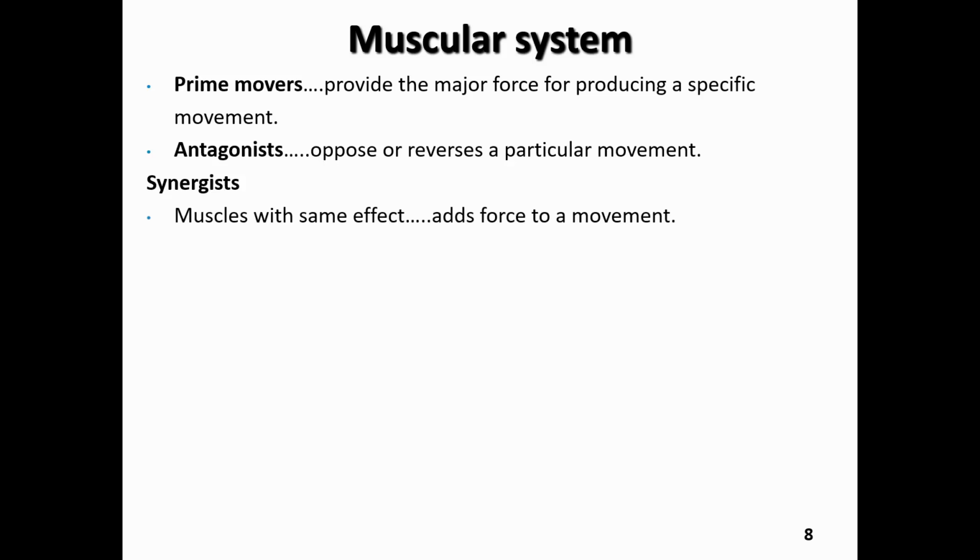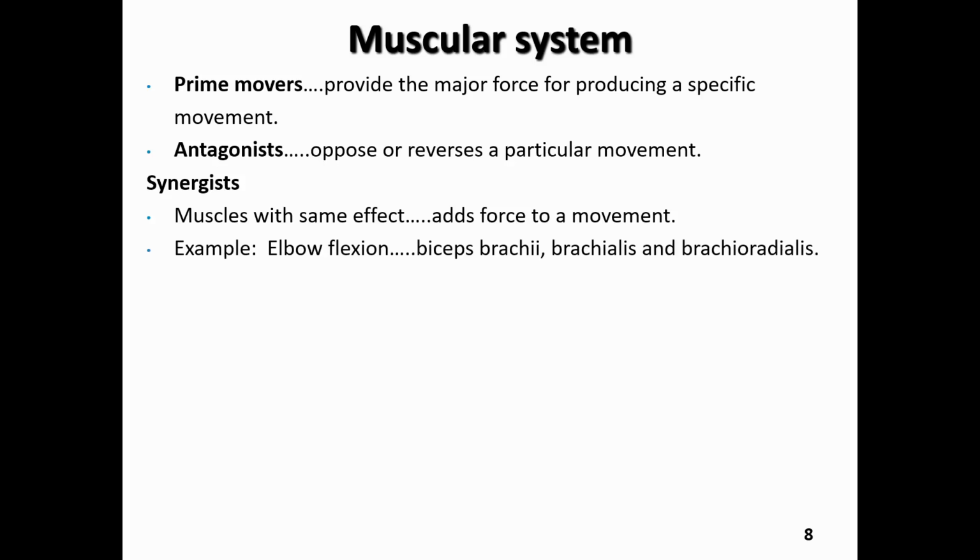Synergists are muscles that have the same effect in terms of the movement, and these muscles act synergistically, so that when they are activated at the same time, they will increase the overall force application to a bone and produce a relatively stronger movement.